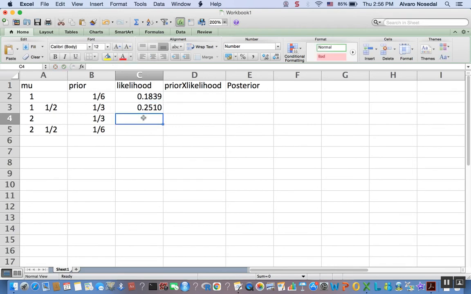And then the next one is going to be 2, right? So what we are going to be doing is evaluating, just like before, that probability mass function for the Poisson.